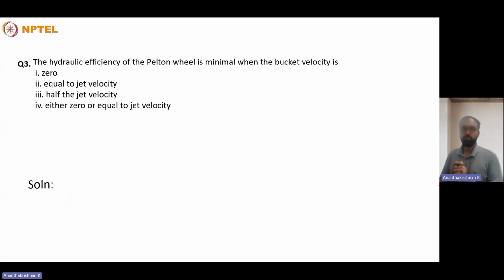So the answer to this problem is either 0 or equal to the jet velocity. In order to explain this, we need to look into the equations and derivations of the hydraulic efficiency of the Pelton wheel.